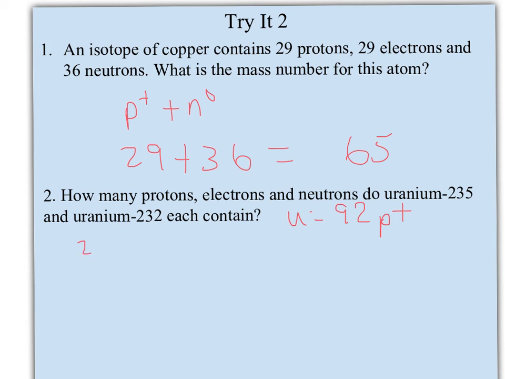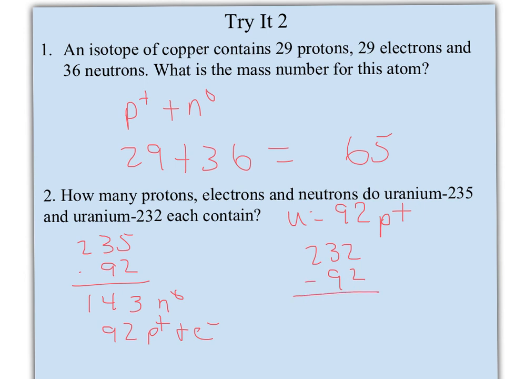So for 235, if I subtract the 92, uranium-235 has 143 neutrons, and we know it has 92 protons and 92 electrons because it's uranium. Uranium-232 is still going to have 92 protons and 92 electrons, but now when I do the subtraction, I see it only has 140 neutrons. But again, it still has the 92 protons and the 92 electrons because it's uranium.